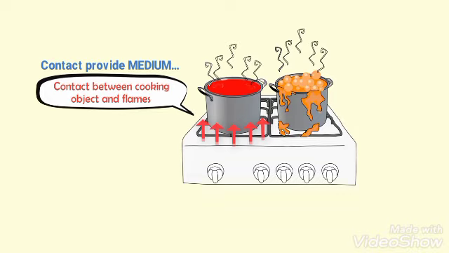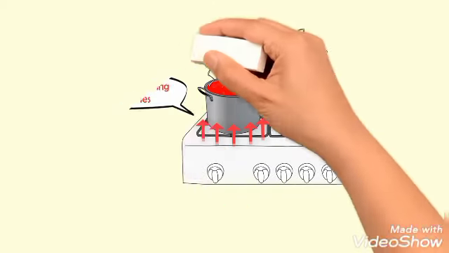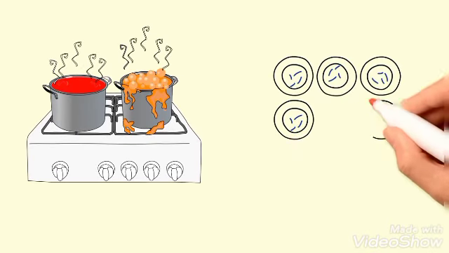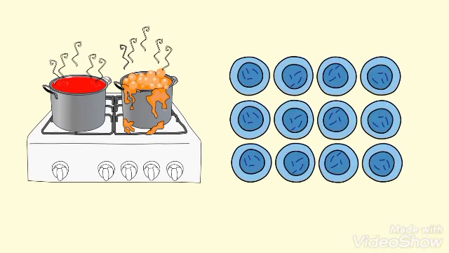Now let me give you a deep dive so that you can learn the scientific explanation behind this phenomenon of heat transfer. We know that cooking objects are made up of metals. The atoms of metals are closely packed together in a uniform three-dimensional pattern.